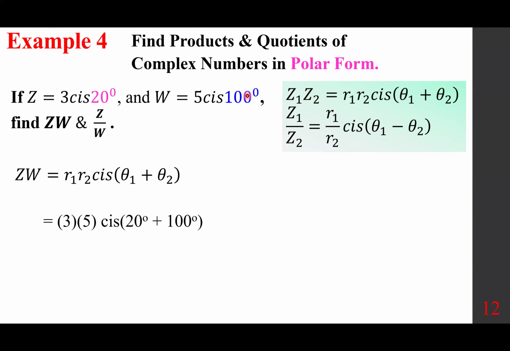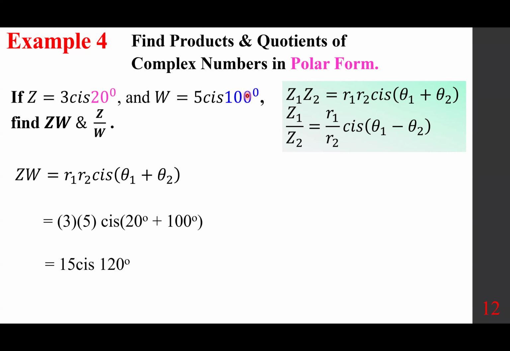So it's very simple, everybody, and very straightforward. And we get 15 cis 120.